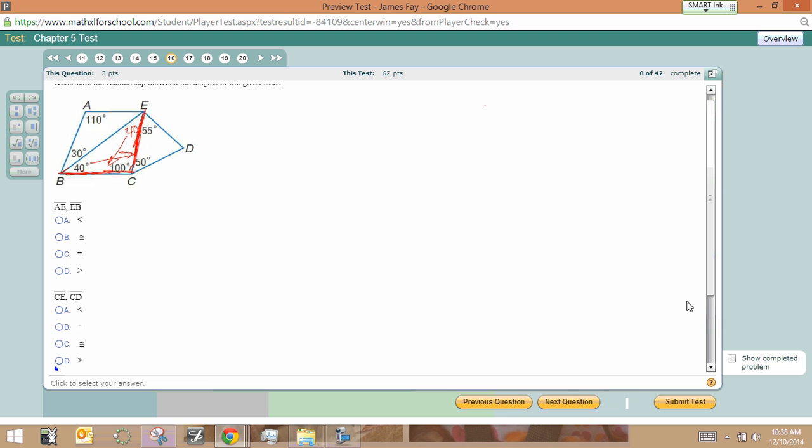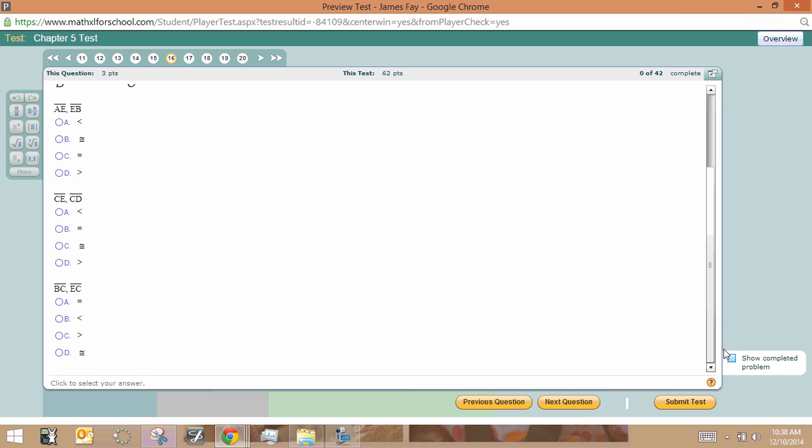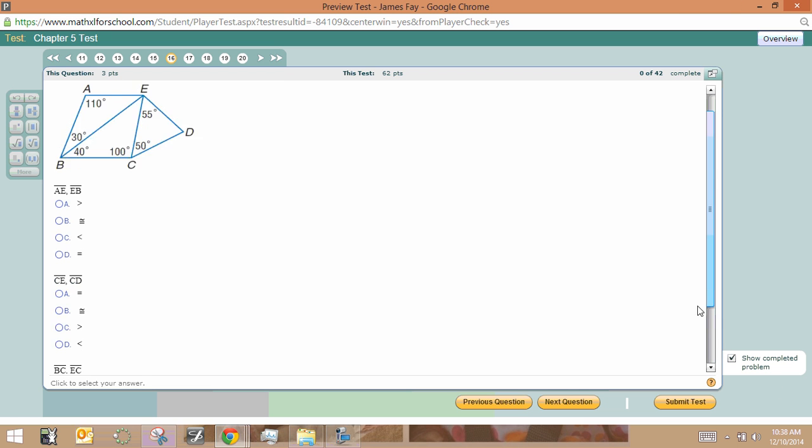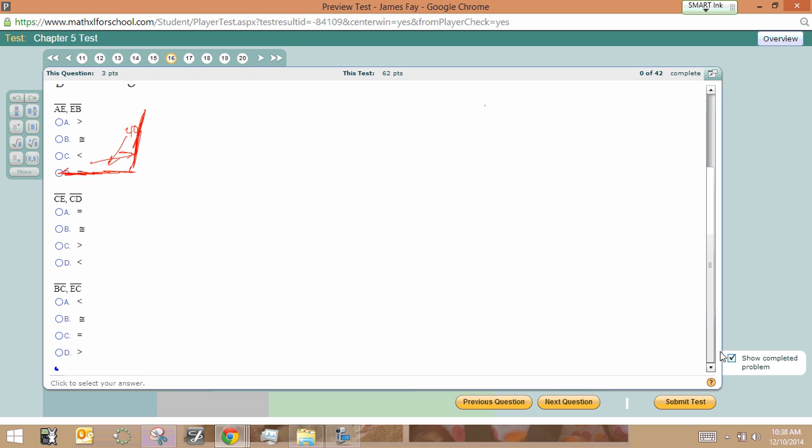If I complete this problem, oh, it's not showing. It should be congruent because we're talking about segments now. So their segments are congruent. If it just said BC and EC, now we're talking about distances because there's no segment symbol above, then those would be equal. But the segment BC is congruent to the segment EC.